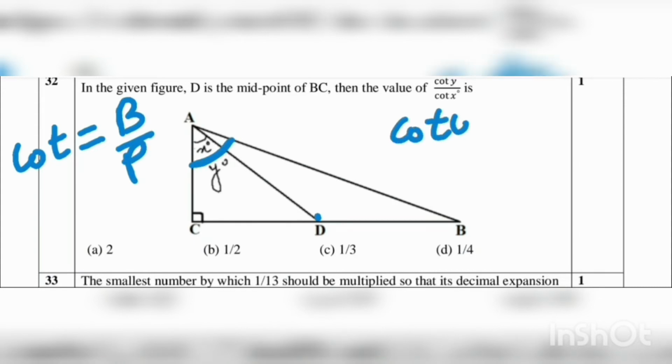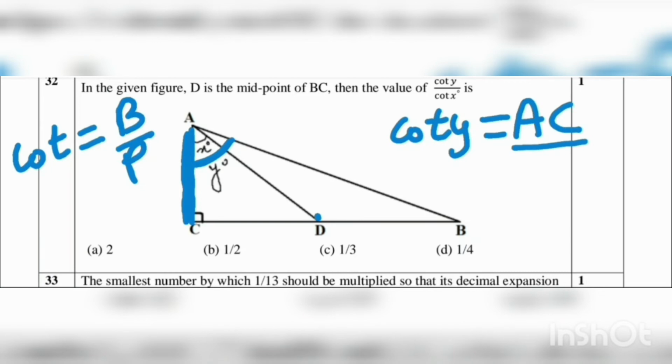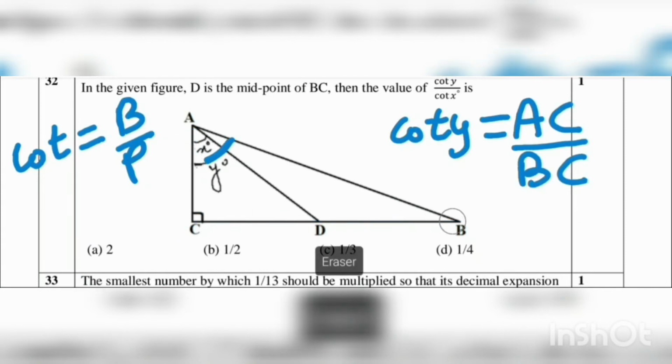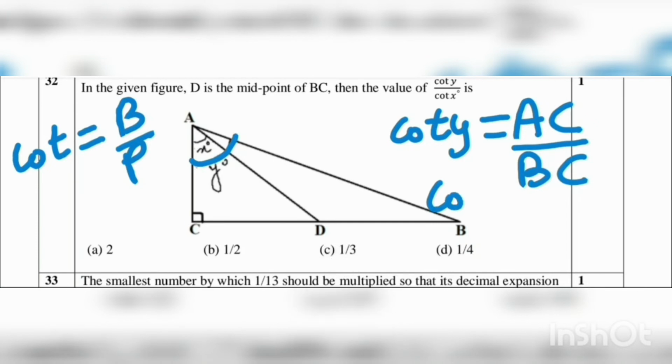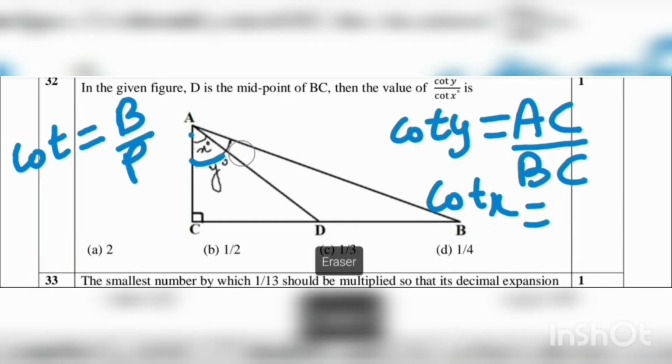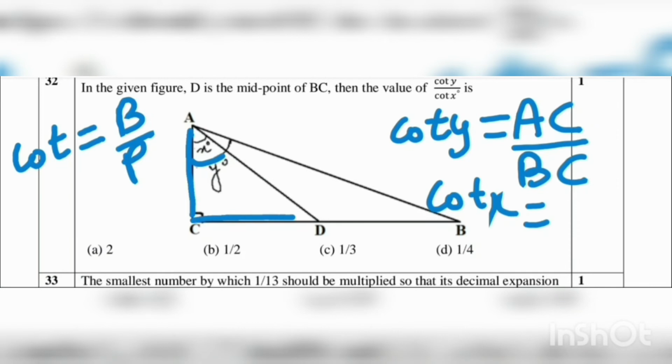Then base will be this AC upon perpendicular will be this BC. Now we look at this angle x, cot x. Cot x, if we find, we have base, cot x is only up to this. Base is AC and perpendicular is CD. So we will write AC upon CD.